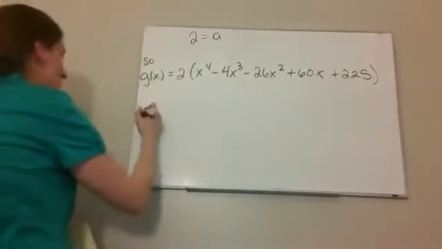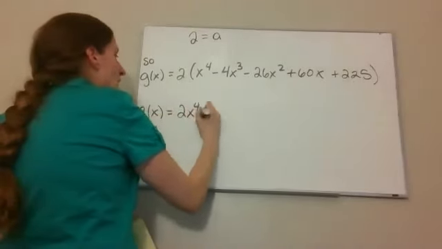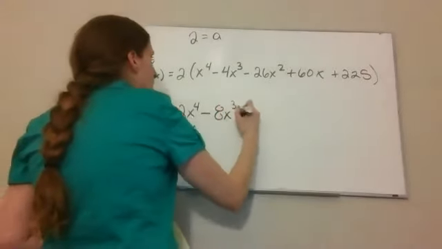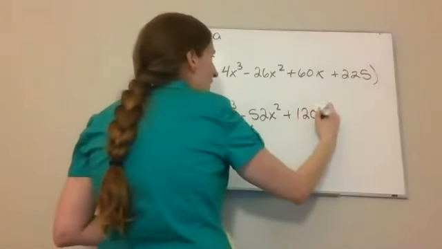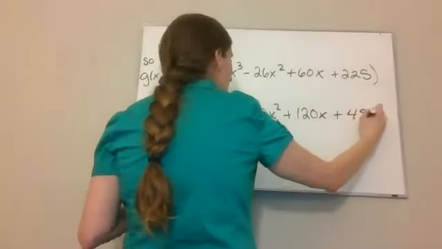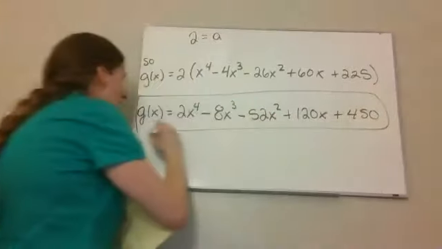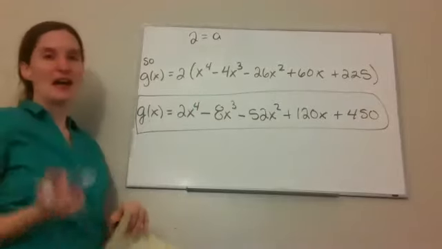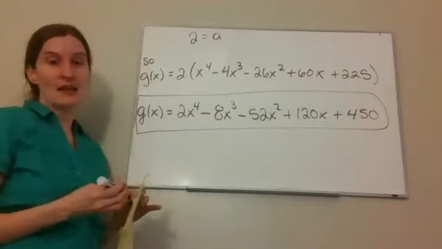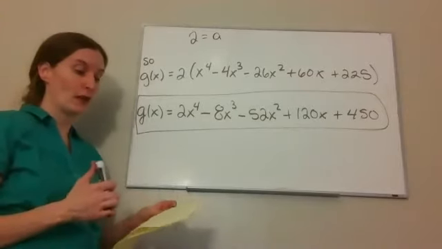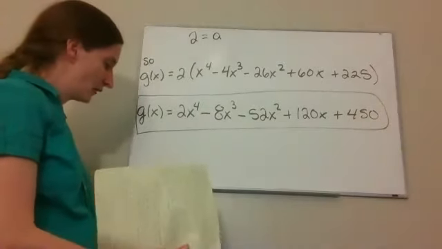Distribute the 2 and you get that our polynomial is 2x to the 4th minus 8x cubed minus 52x squared plus 120x plus 450. And that polynomial has the smallest degree possible to have the zeros we were given with the appropriate multiplicities, and it satisfies g of 0 equals 450. That was a lot of work, but that's okay.